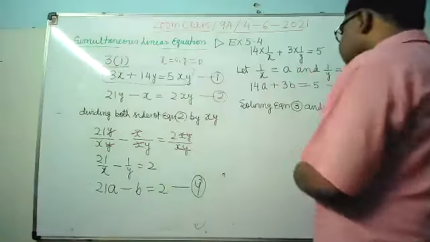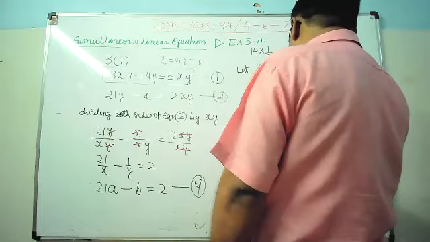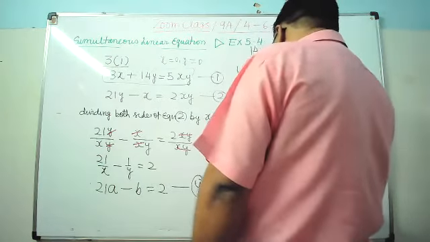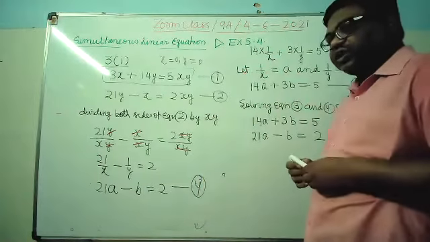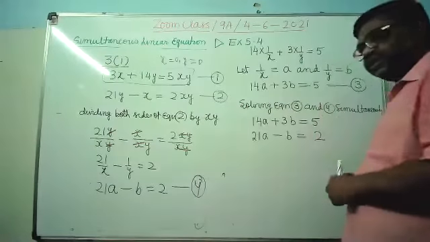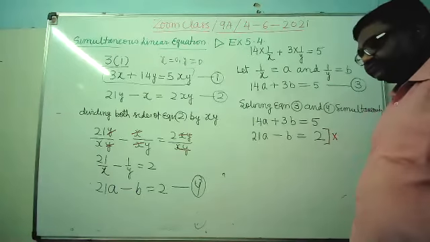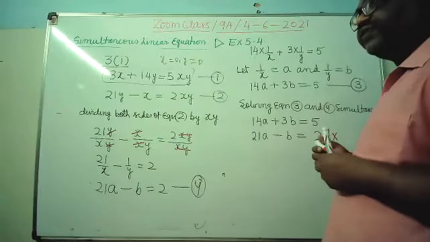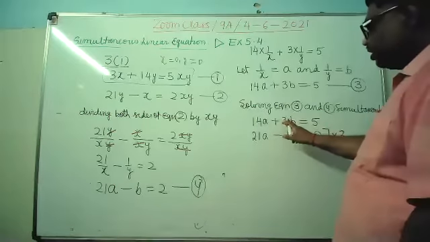Now see here, solving equation 3 and 4 simultaneously. Equation 3: 14a plus 3b equals 5, and 21a minus b equals 2. Now see, the terms with b have smaller numbers, so we want to cancel out b. You multiply this whole equation by which number so that b cancels? Sir, 3. So now it will become minus 3b, and it is plus 3b.